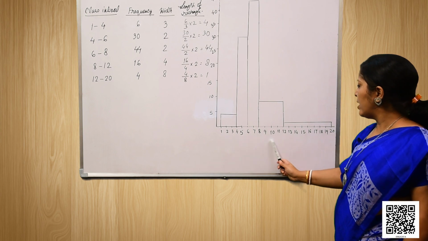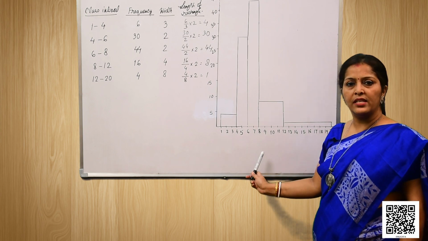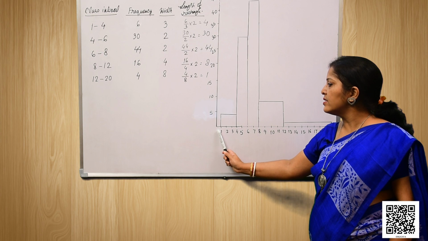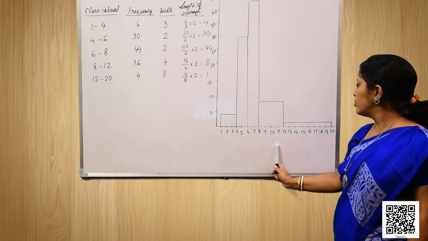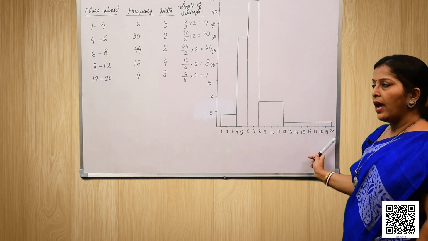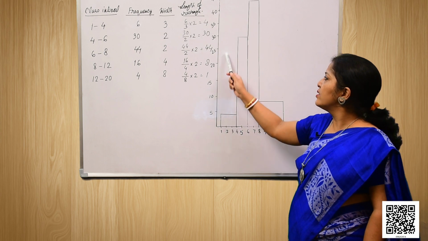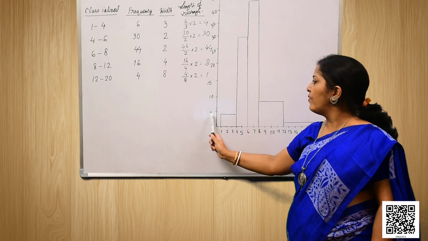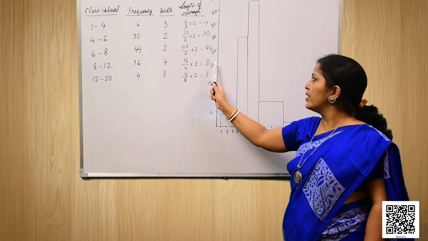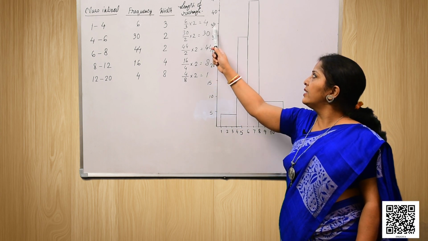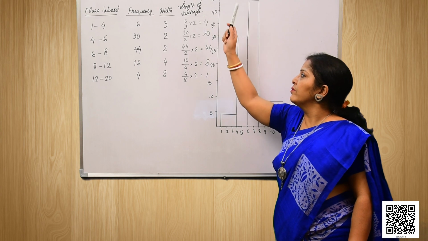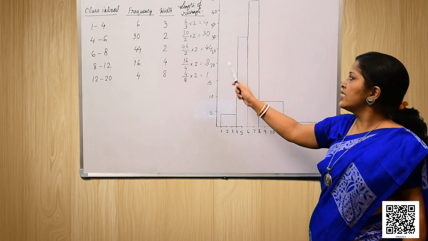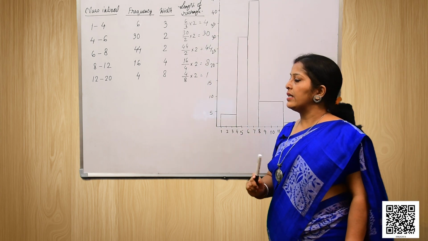Along the horizontal line we have written the class interval, that is the number of letters, starting from 1 to the last one 20, and along the vertical line we have drawn the frequency. They are also starting from 5, 10, 15, 20, 25, 30, 35, 40, 45, so that we can adjust all of them. Now let us see.